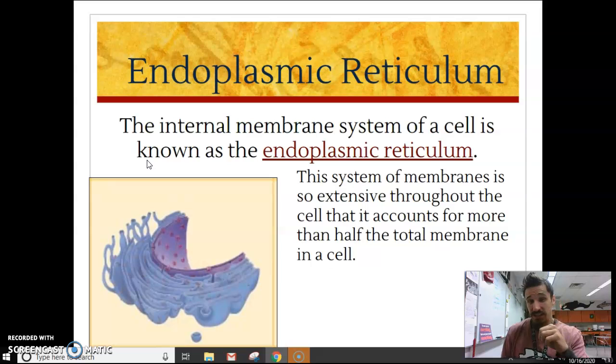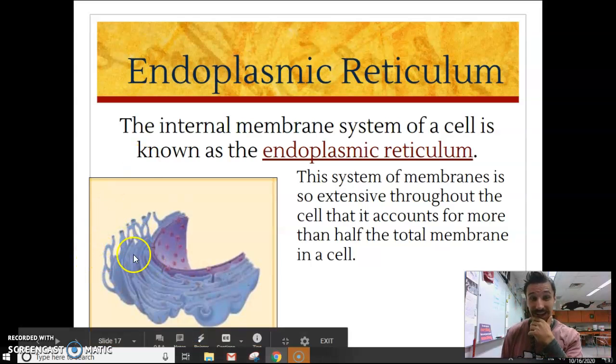It's so extensive, in fact, that it accounts for more than half the total membrane of the cell. And the cell is covered on the outside by a membrane. And this endoplasmic reticulum still accounts for half of it. So it's a very big internal membrane that's pressed right up against the nucleus.